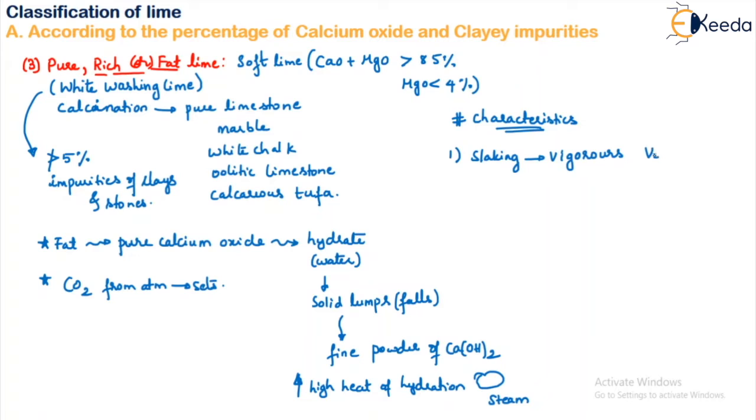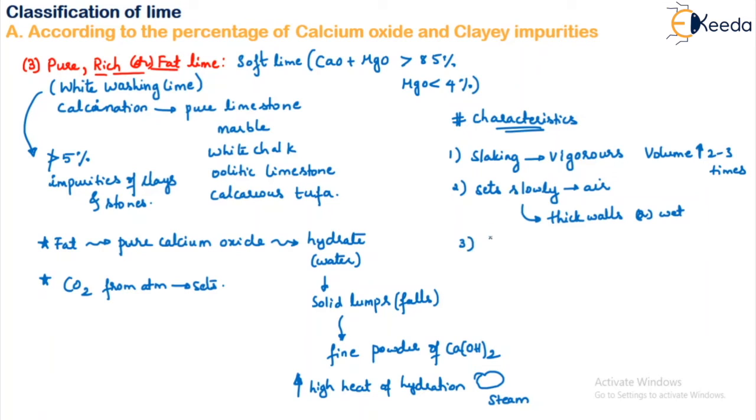So what will happen to the volume after slaking is it will increase by 2 to 3 times. Second is it sets slowly whenever it comes in contact with the air. So therefore it cannot be used for thick walls or where the climate is very wet. You cannot use this particular type of lime.